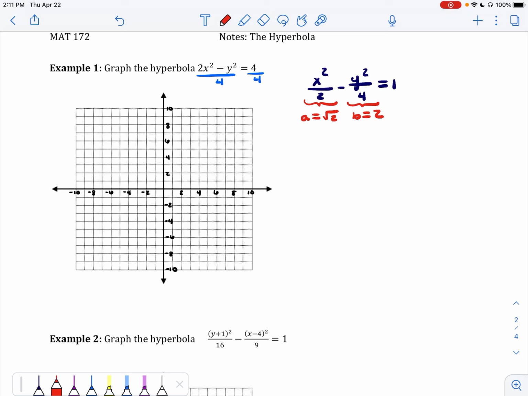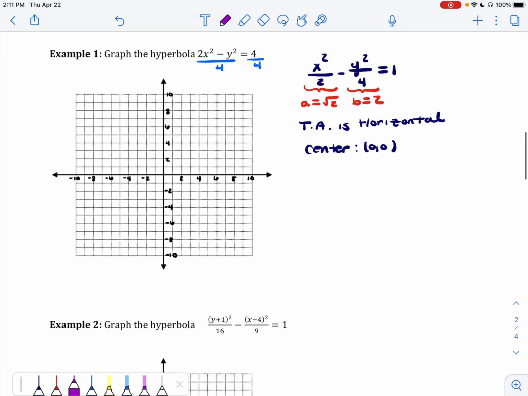All right, so now for the orientation of this, because our x squared term comes first in our equation, that means our transverse axis is horizontal. And because there isn't really an h and k to speak of on this one, it's just a plain x squared and y squared, our center is right at the origin at 0, 0, okay? All right, let me go ahead and start plotting some of this.